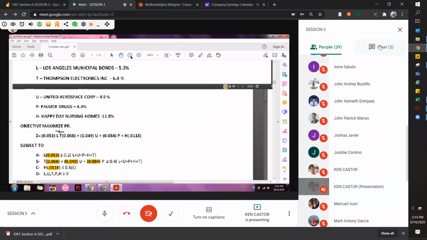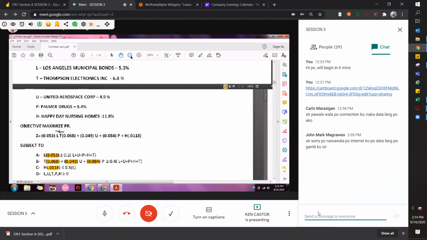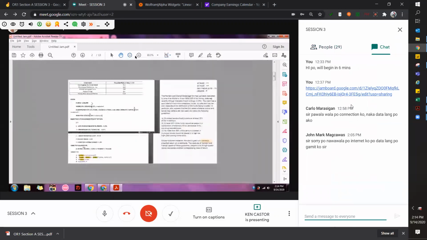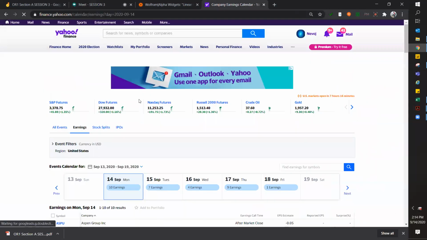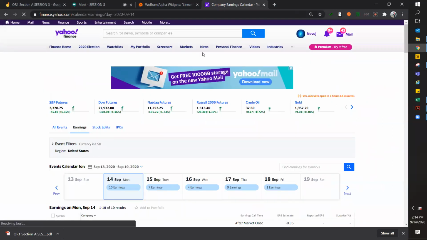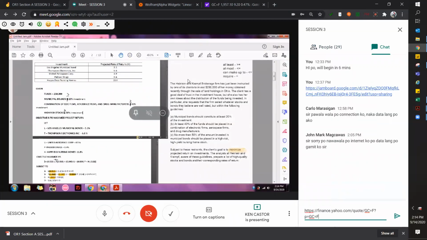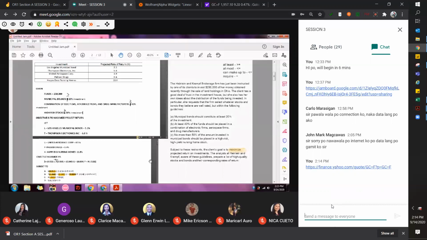Sino familiar sa stock market dito? Wala pong familiar sa stock market. Pakita ko kayo ng link lang sa group chat. Ayan, nasa group chat po, pwede nyo i-check, that is gold. Doon makikita yung mga data na yan. I-search nyo na lang yung halimbawa, Thomson Electronics.